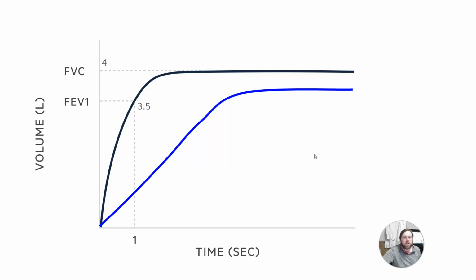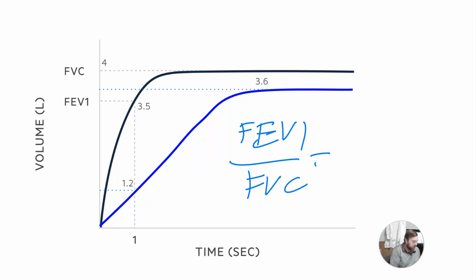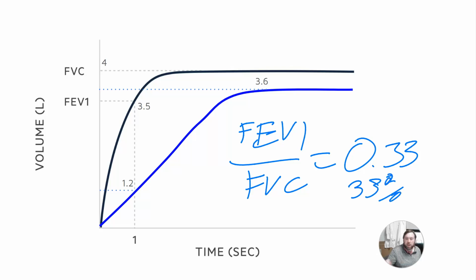This is a patient that comes into you, and their FEV1 is 1.2, and their FVC is 3.6. If I were to put those into a comparison, the FEV1 to FVC ratio is going to be 0.33 or 33%, which is just awful. You want to be able to be way, way up from there.